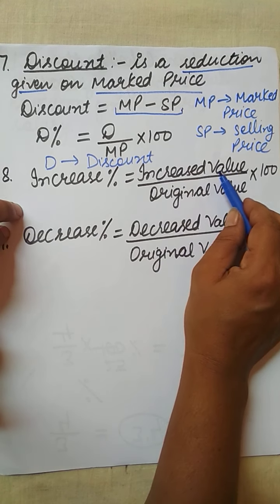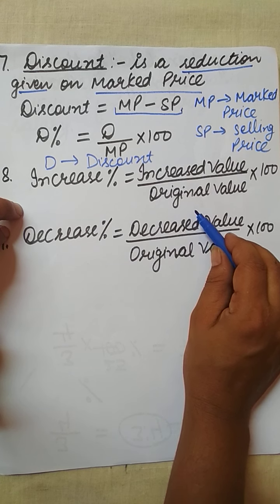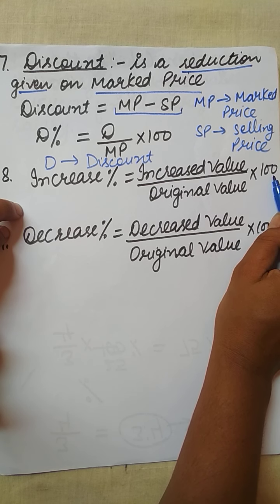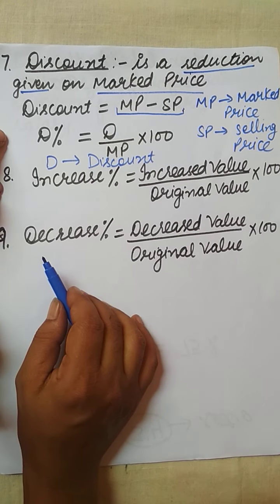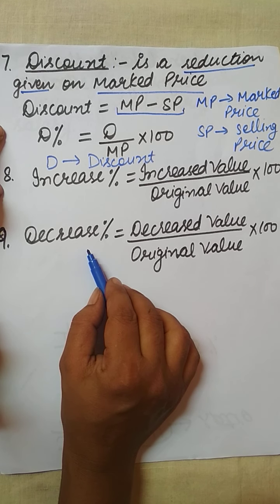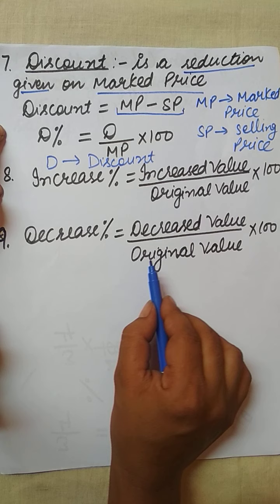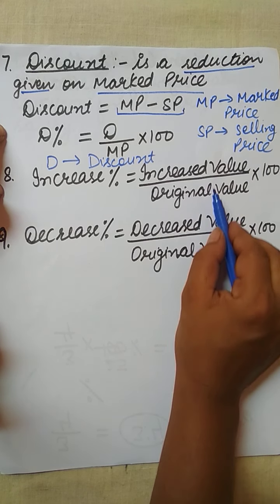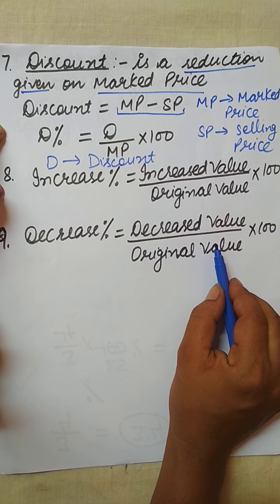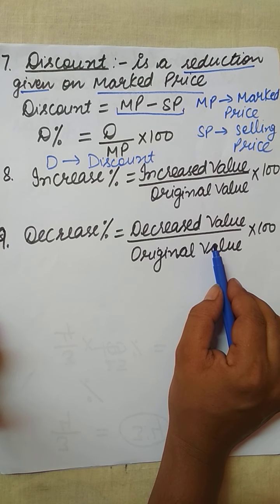This is the value increased divided by original value multiplied by 100. Similarly, we can find out decrease percent: decreased value divided by original value multiplied by 100. This is the introduction part of exercise 8.2. You have to write down all these points in your notebook.